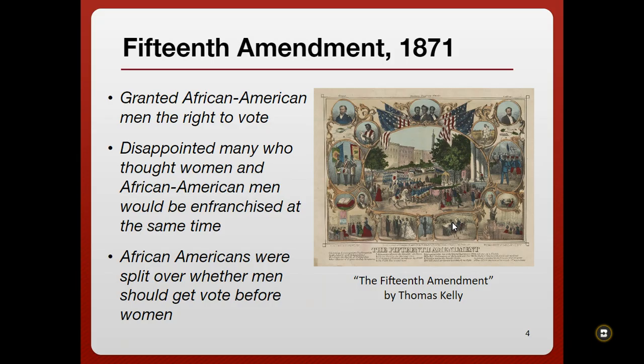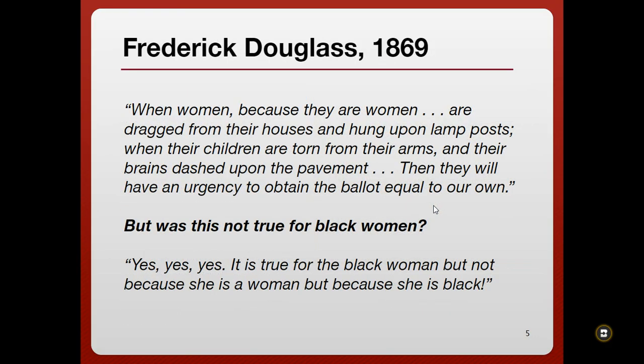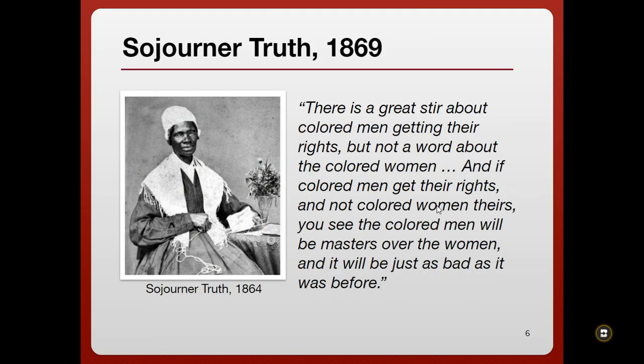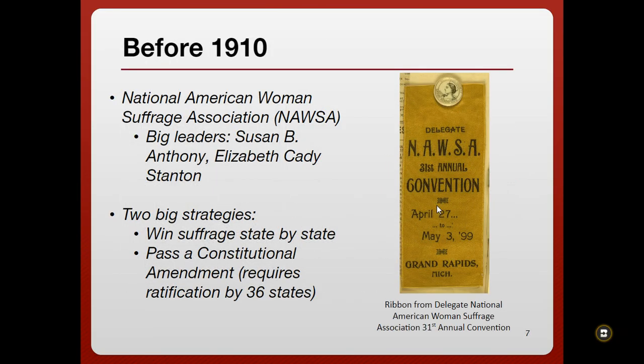And then the 15th Amendment, which granted African American men the right to vote, and they were hoping that it would also grant women the right to vote, but they were not given the right to vote. Here's a quote from Frederick Douglass and from Sojourner Truth, and here's some things that happened before 1910.